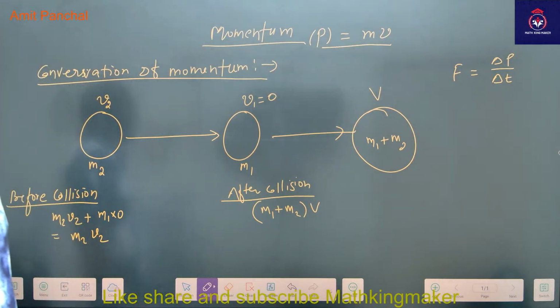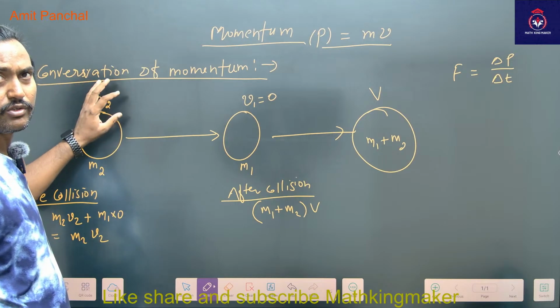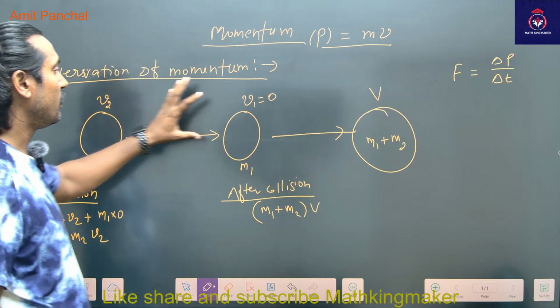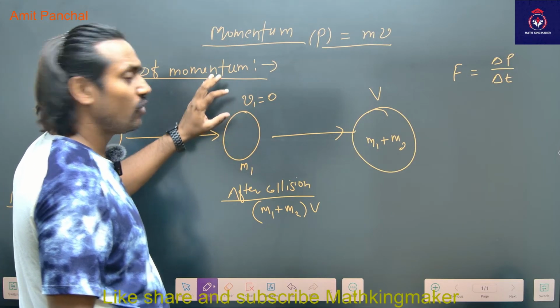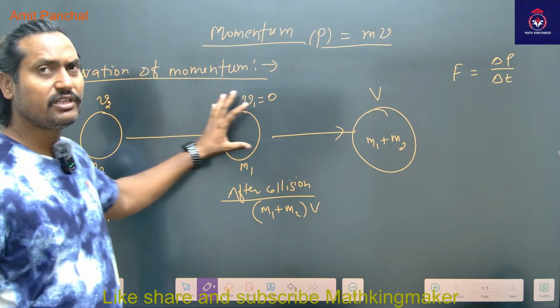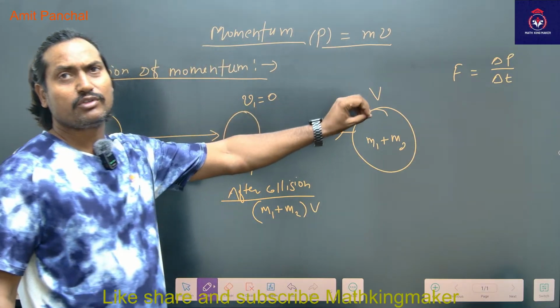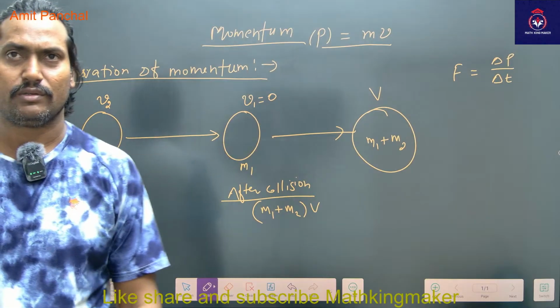The question will be asked that a body is moving with the velocity so and so, its mass is so and so, another body is at rest or it is moving with that much of velocity. Now they collide with each other, and find the final velocity of the two bodies.